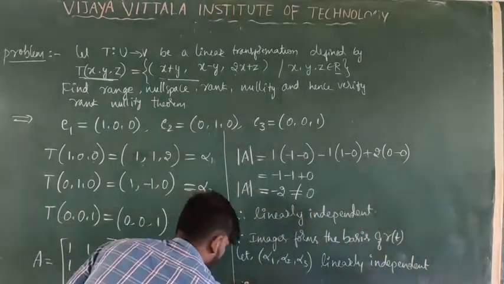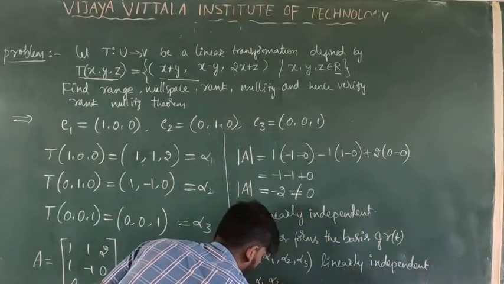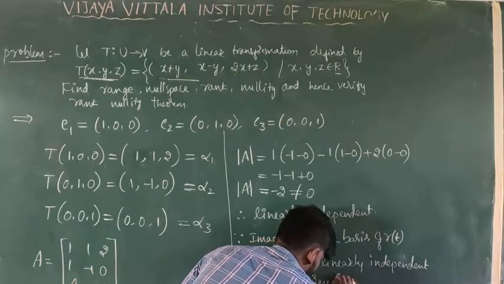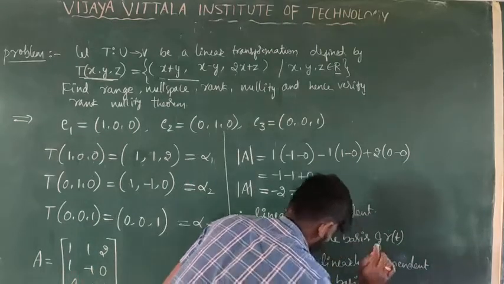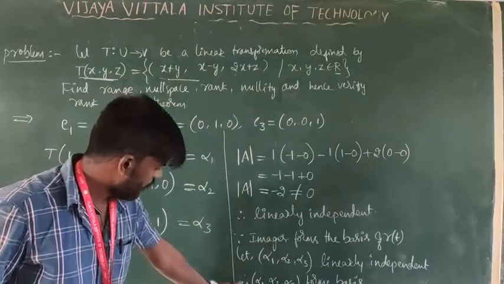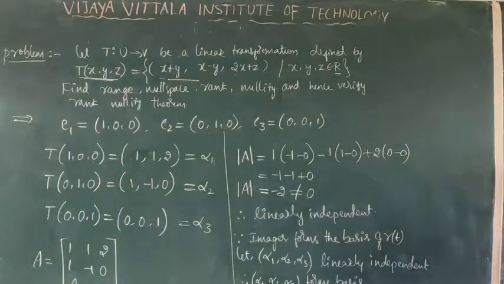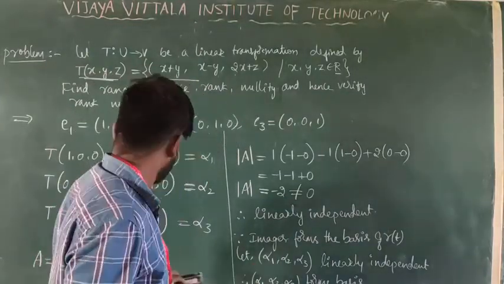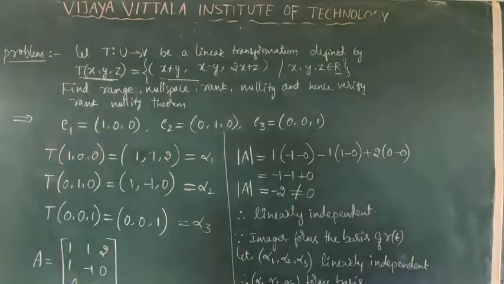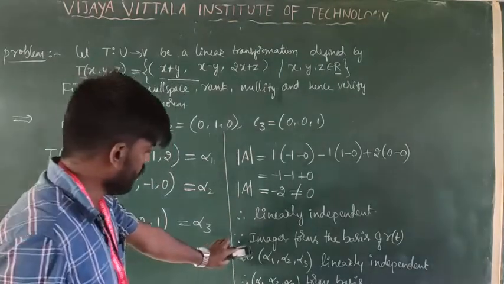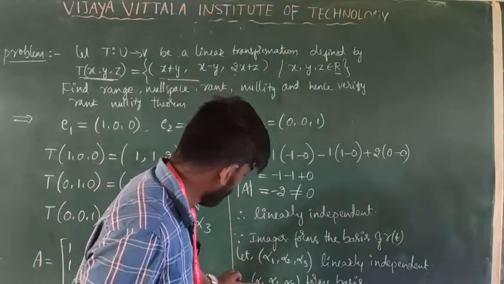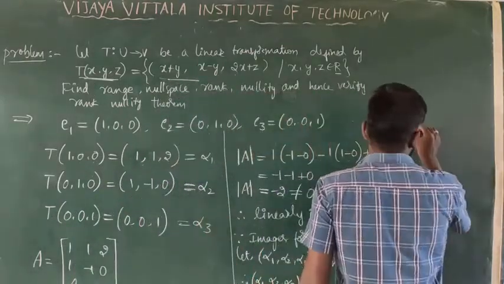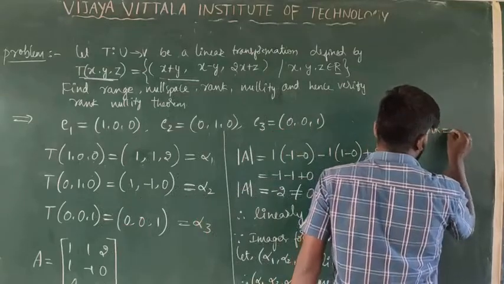Therefore alpha 1, alpha 2, alpha 3 form a basis. The rank of this matrix, using the linear independence and that alpha 1, alpha 2, alpha 3 form a basis, means the rank of this matrix is 3.